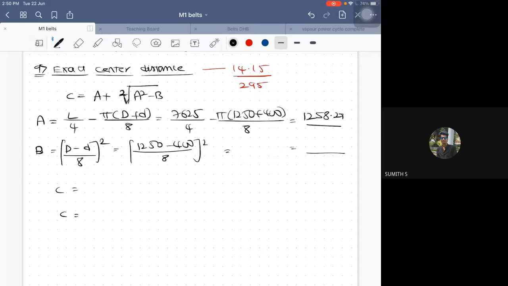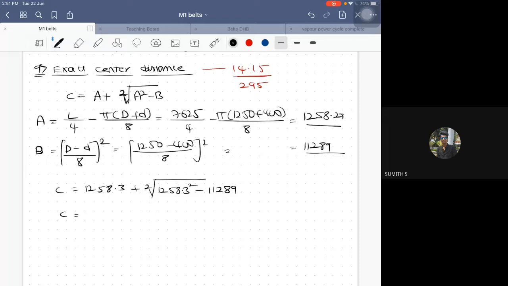What is that? The value of B is 11289. So substitute it. It would be 1258.3 plus square root of 1258.3 whole square minus 11289.